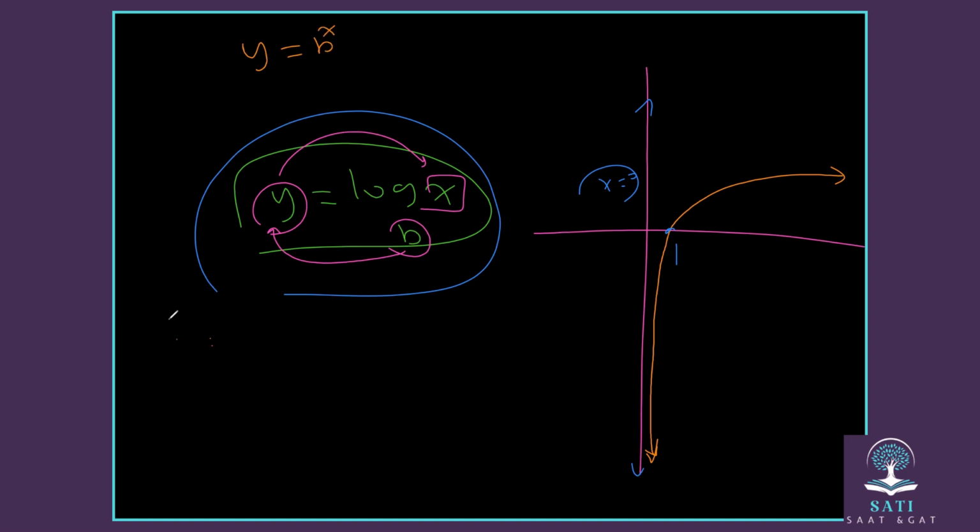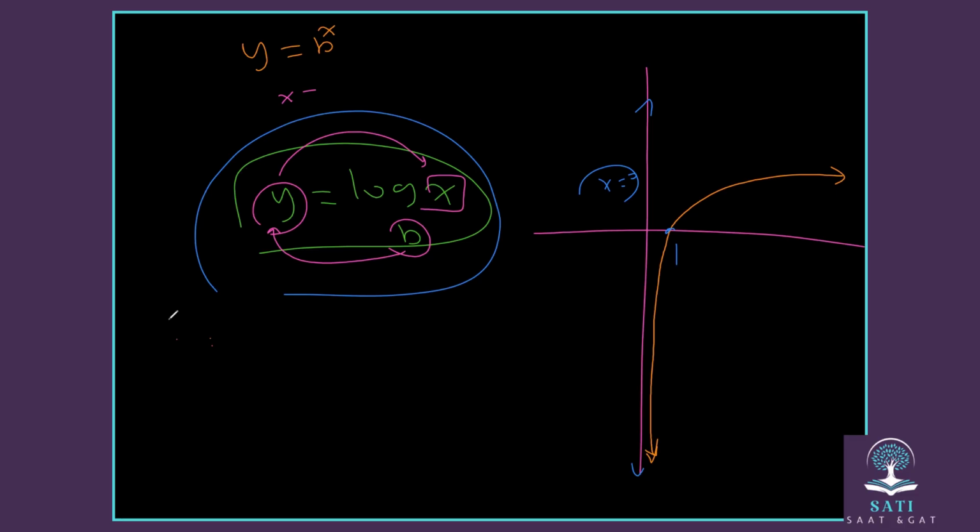And to find the inverse function, you just change x to be y and y to be x, right? So that means it's going to be x equals b power y. So as a logarithmic, if you change it to log, it's going to be the way that is written here: y equals log base b for x.